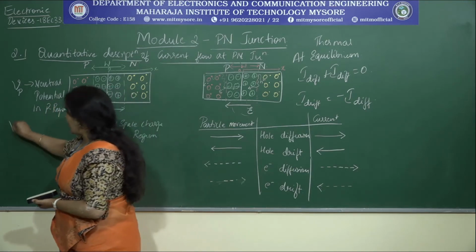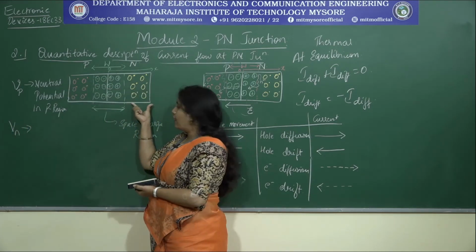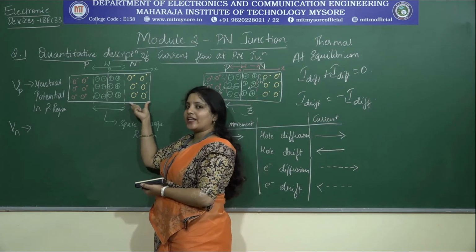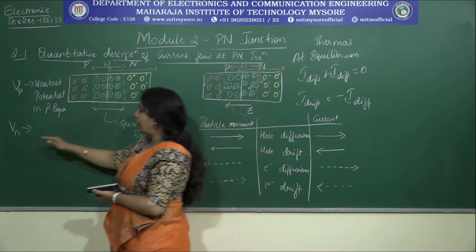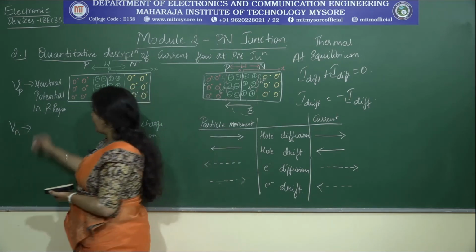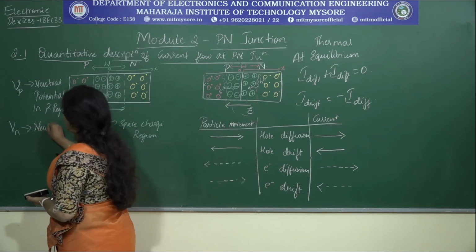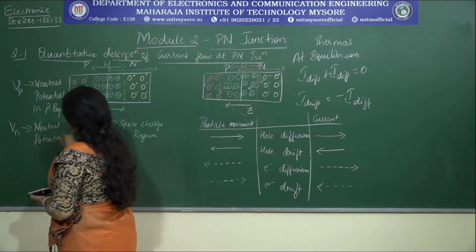Now, if I consider the N region, this is the N region that I have. The potential that exists in the N region is also neutral, and let me represent that neutral potential as Vn. What does Vn indicate here? It indicates the neutral potential in the N region.